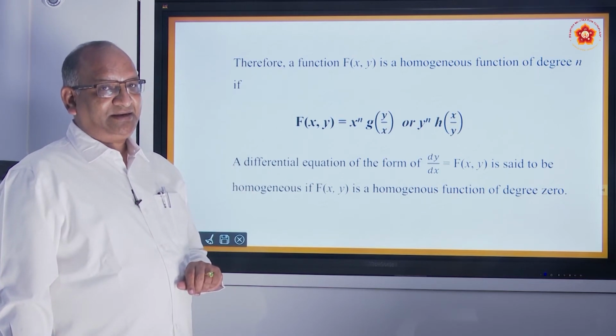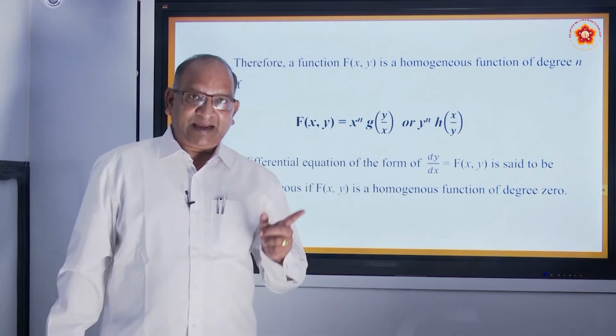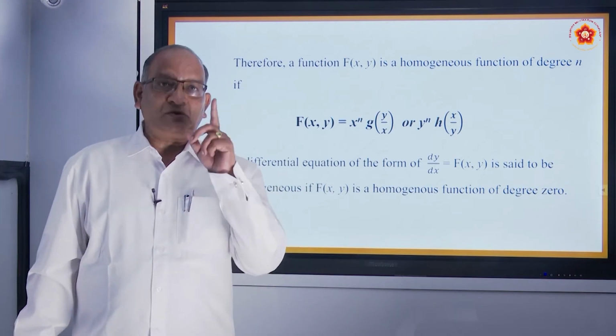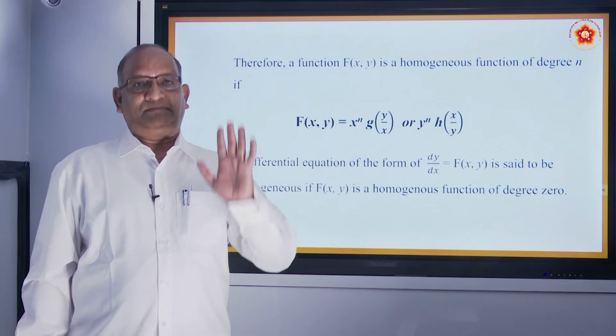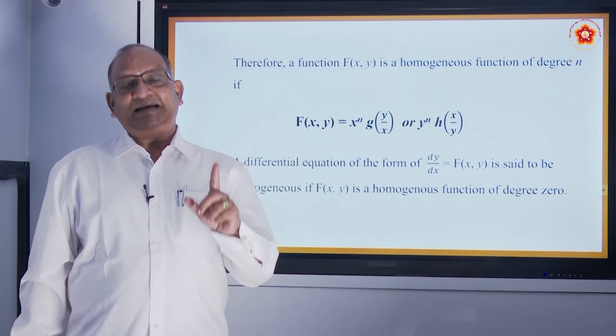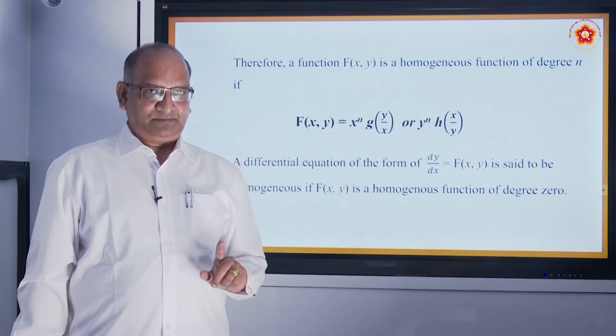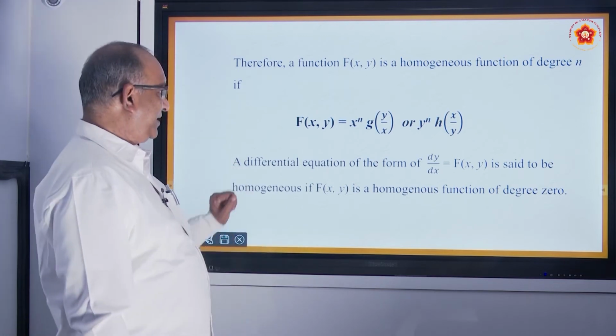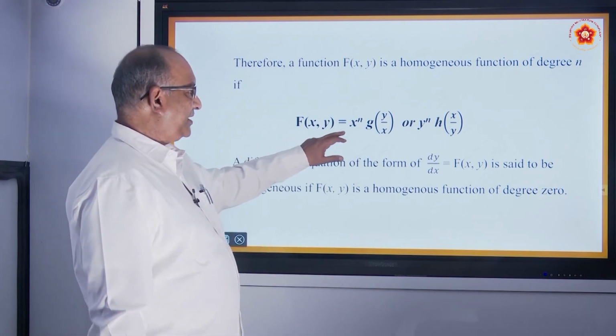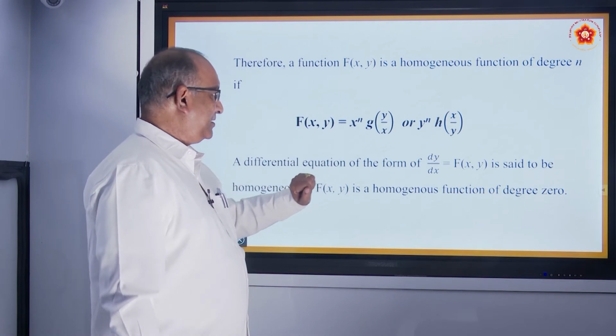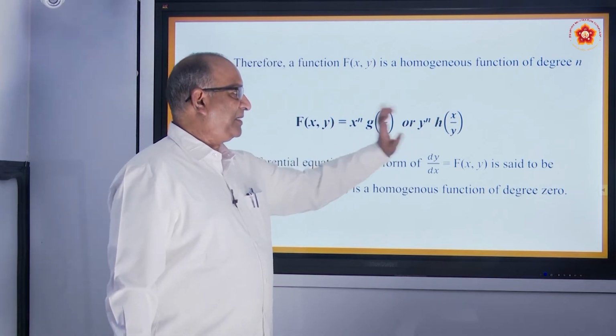What did we say there? f of lambda x, lambda y is equal to lambda to the power n f of xy. Lambda to the power n decides the degree, correct? The same thing is being put here: f of xy is equal to x to the power n g of y by x, or y to the power n h of x by y.